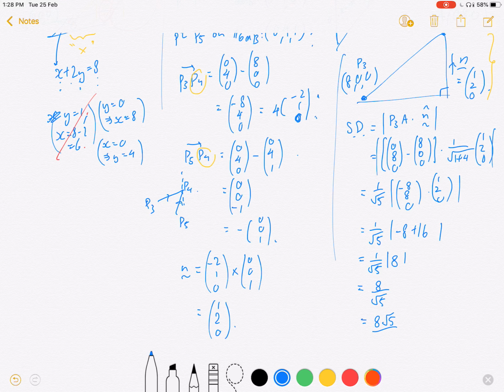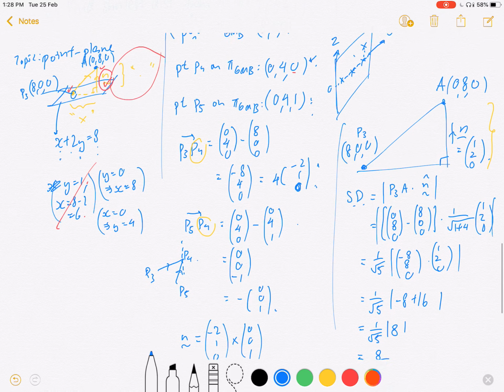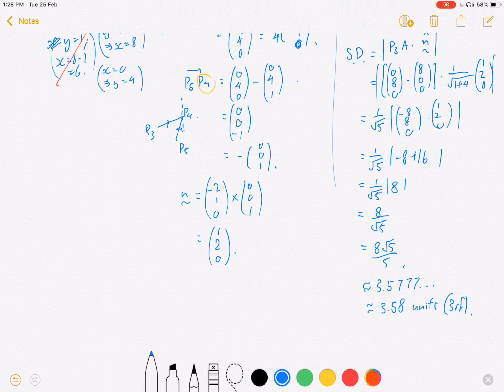Rationalize the denominator. So this is the exact answer. Let me just compute to see what we have. 3.58 units. Okay, and there we have the answer for part 5, shortest distance. Answer as such.